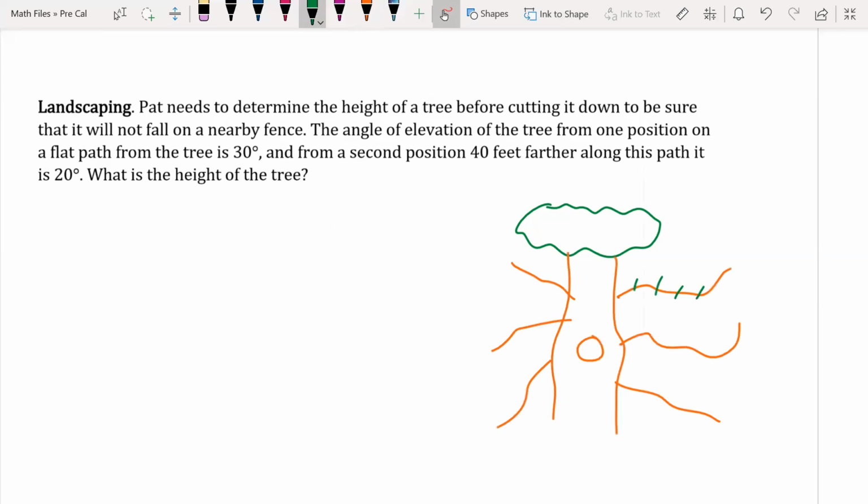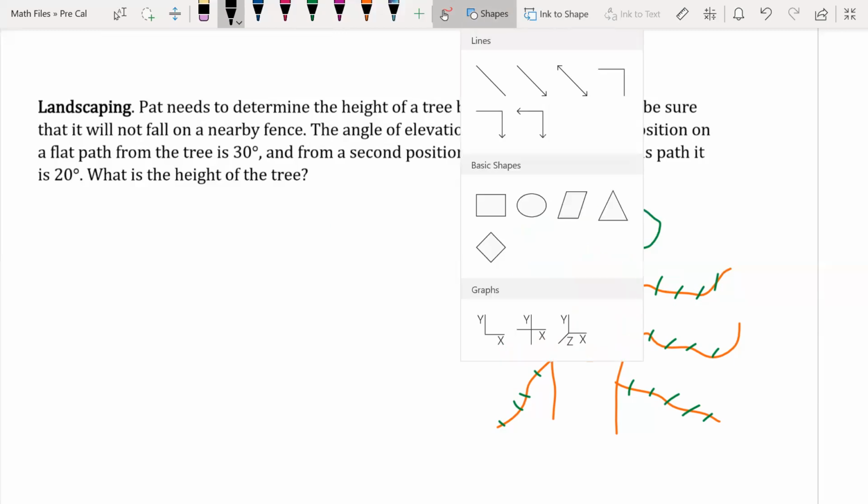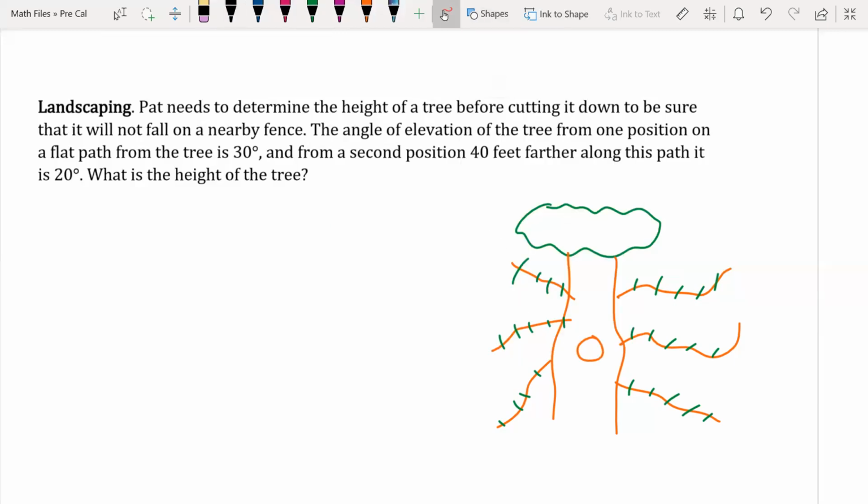Creepy tree. Okay, so at our first look to the top of the tree, there's the first one.